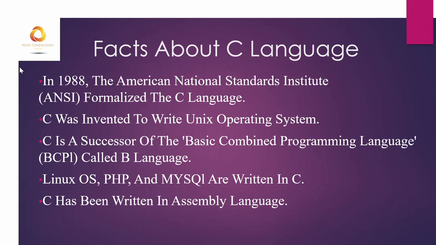And you also know that operating systems like Linux, programming languages like PHP, and databases like MySQL are all written in C. If you don't know what PHP, MySQL are, don't worry. We have other tutorials on this. And C has been written in assembly language, guys. Okay, so these are some of the facts about C language.